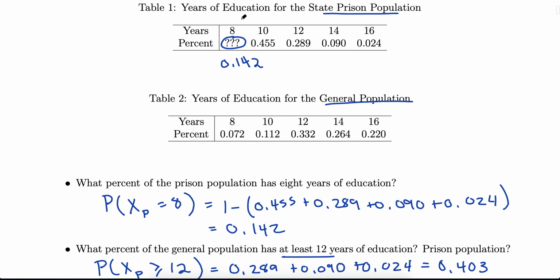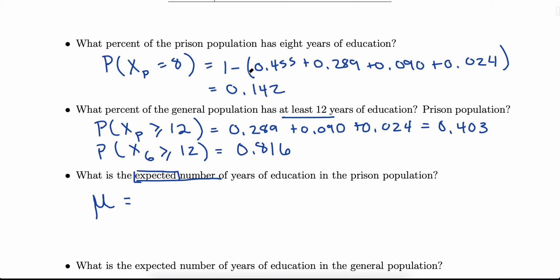So the first value I can observe is 8 years of education. And I see that 14.2% of the time. So my first term is 8. And I see that 14.2% of the time. Write it as a decimal though. So that's my outcome. I'm weighting it by how likely I am to observe that.